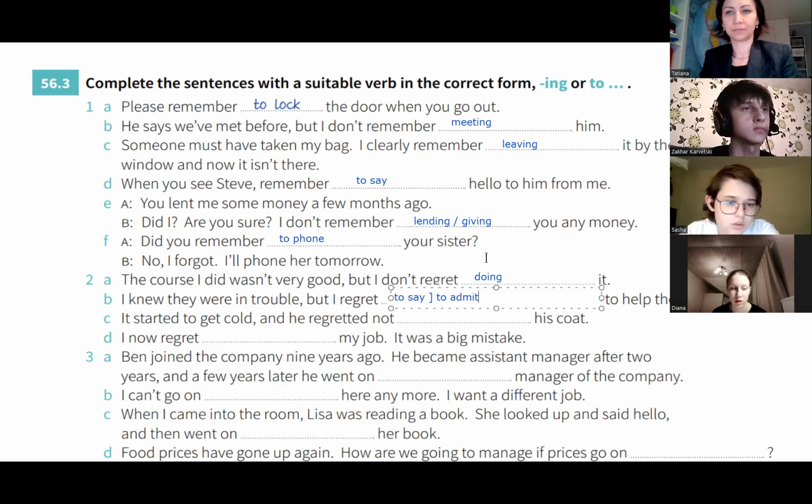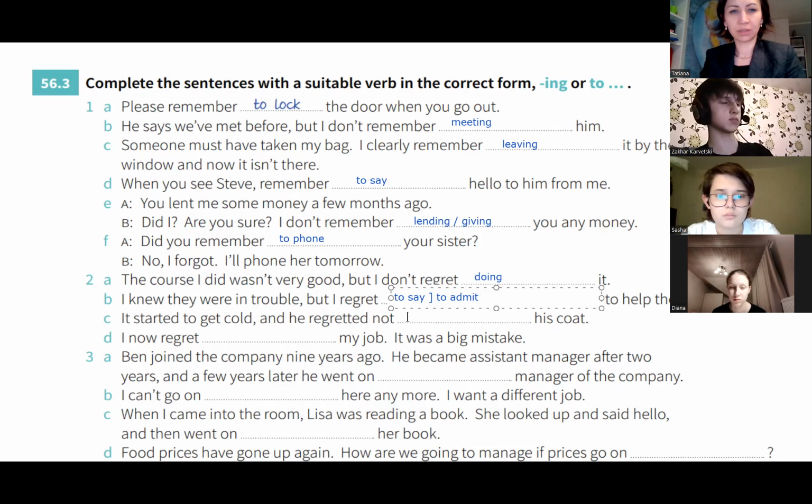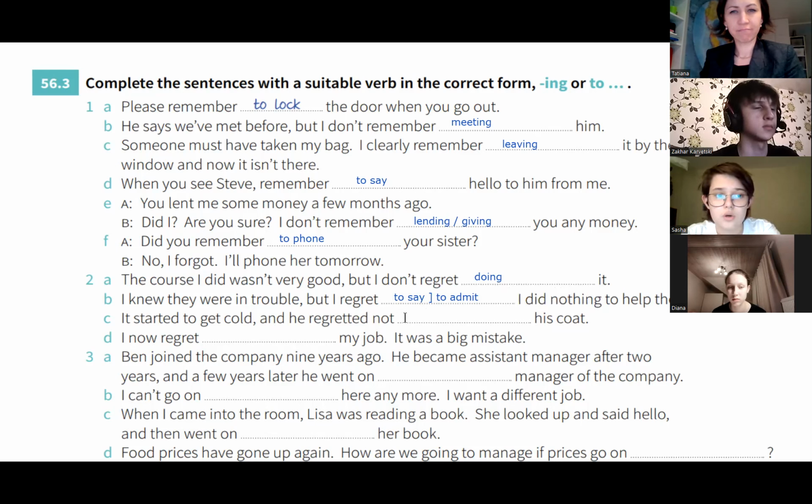It started to get cold and he regretted not wearing his coat. Did the regretting come before that action, wearing the coat, or after?